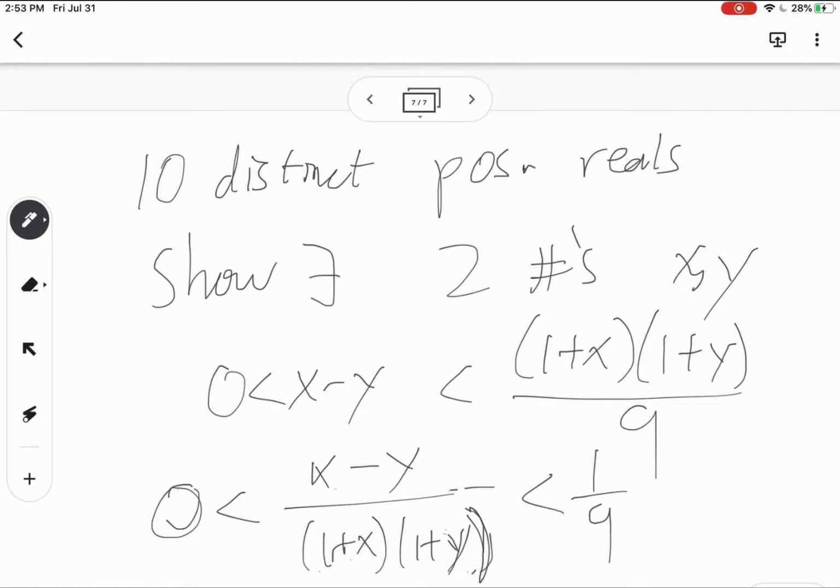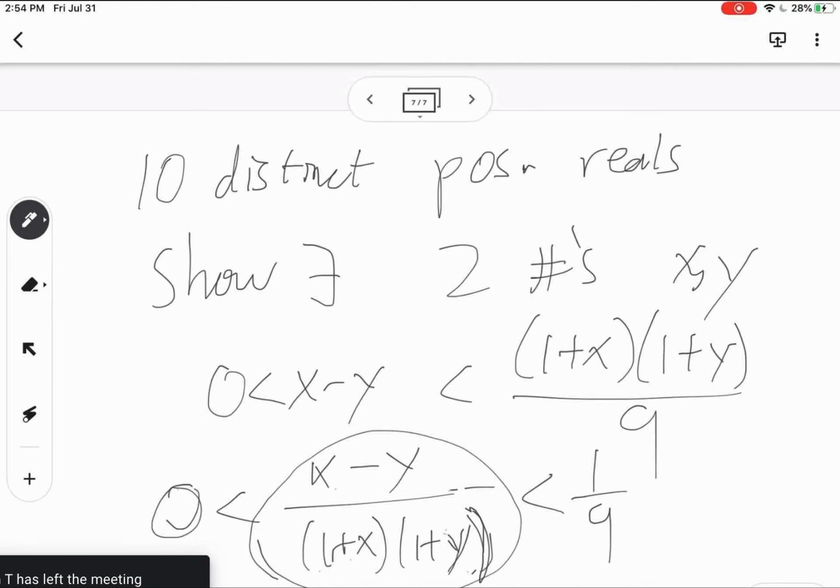And what you notice is that this expression is actually kind of bounded, because if x and y get bigger, then the bottom gets bigger quadratically, and the top is degree 1. So you may be able to bound this value in the middle. But we still want to use the pigeonhole idea. We have the 10 distinct numbers, and we want to somehow use that.